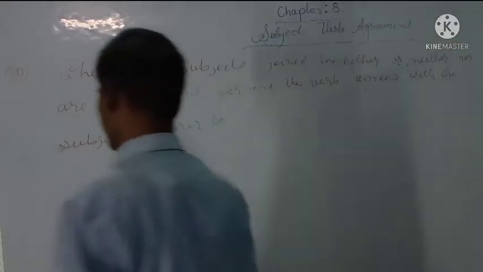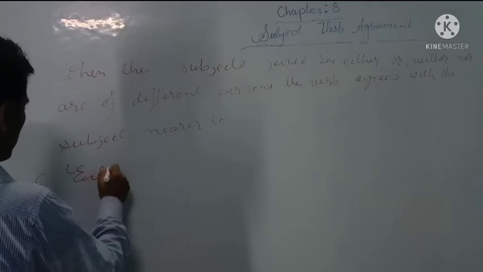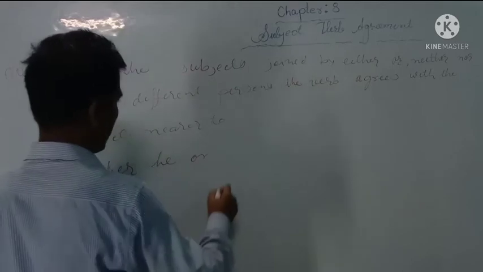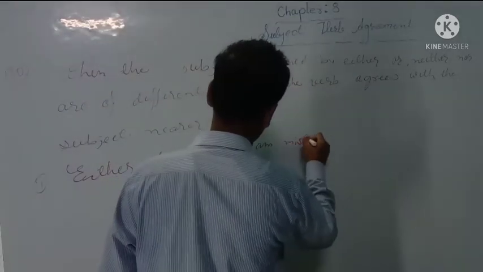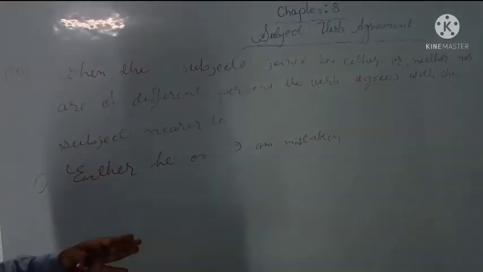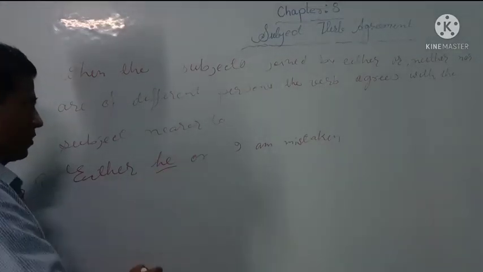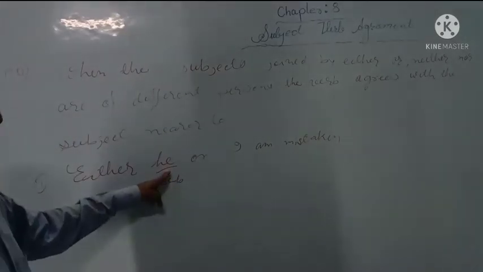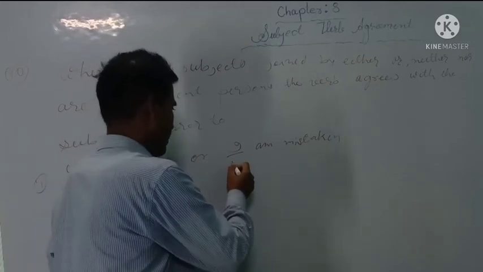Say for example, either he or I am mistaken. See here, the first subject is he, that is third person singular number, and the second subject is I, that is first person singular number.